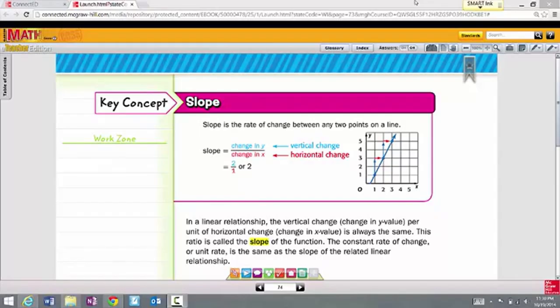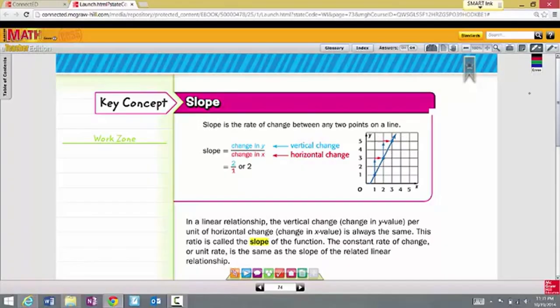So today's lesson is slope, and slope is the change in y over the change in x, which again is the same thing that we talked about yesterday or on Friday. So it is your vertical change over your horizontal change, and when you're talking about a line, it is that change in that vertical over that change in that horizontal. So we call that often your rise over your run.